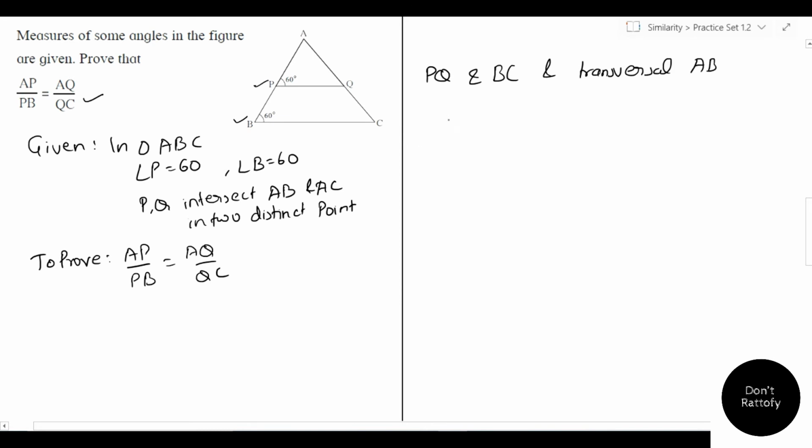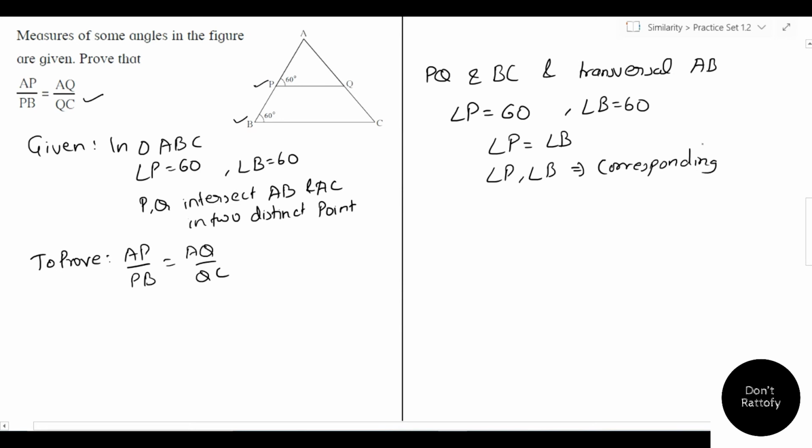If we take transversal AB, we have angle P equal to 60 and angle B equal to 60. From this I can say that angle P is equal to angle B. If angle P is equal to angle B, both angle P and angle B are what? Corresponding angles.